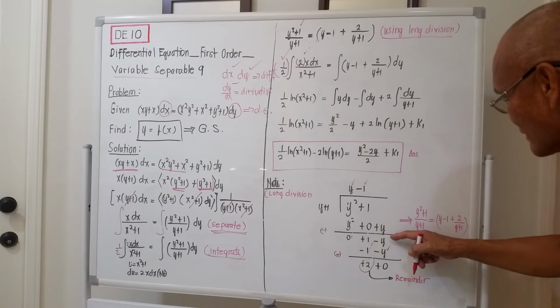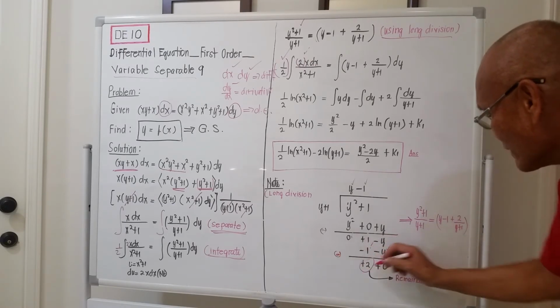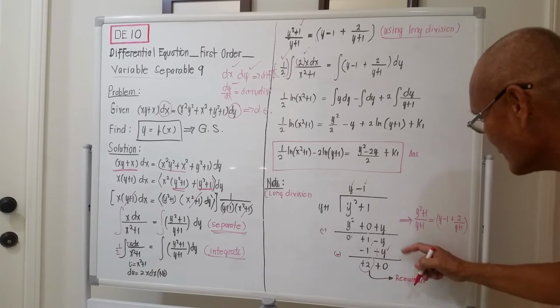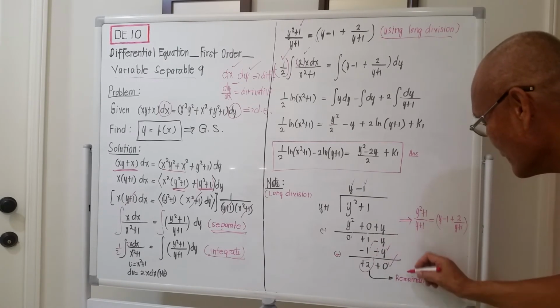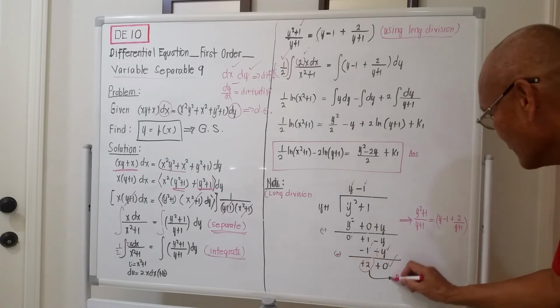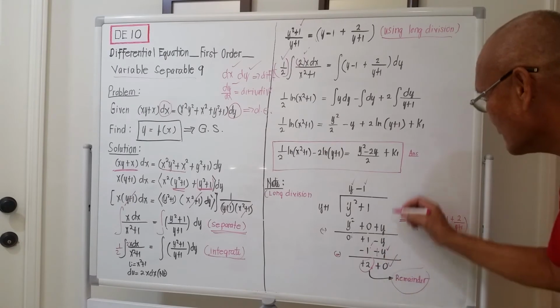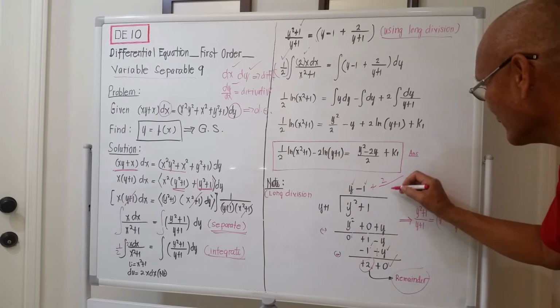This is minus y. Minus y, this will become plus y. So a minus y plus y, this will become 0. So after the long division, the remainder is actually 2. So the remainder is actually plus 2 over y plus 1.